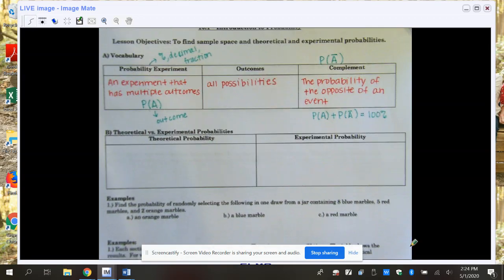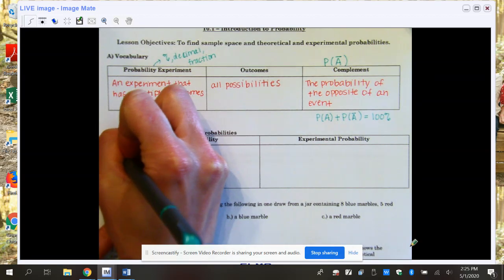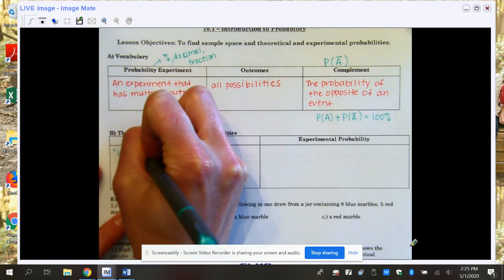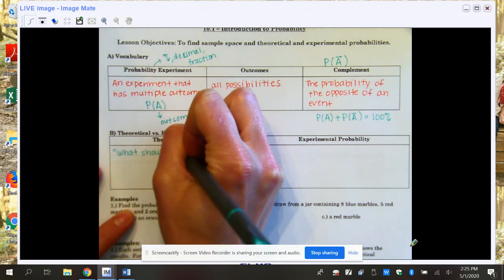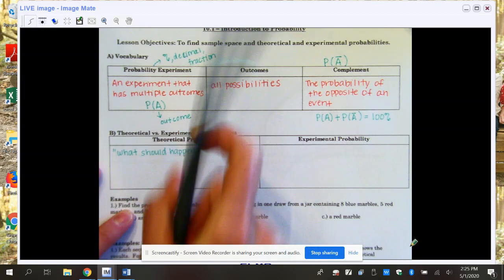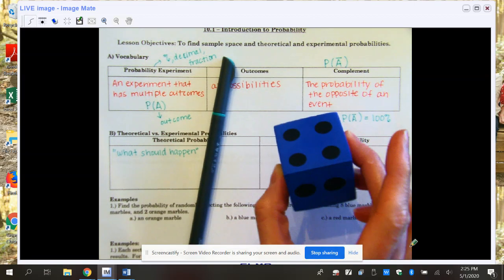So the big idea for today is the difference between theoretical probability and experimental probability. Theoretical probability is what should happen. So for example, I've got this 6-sided number cube here.